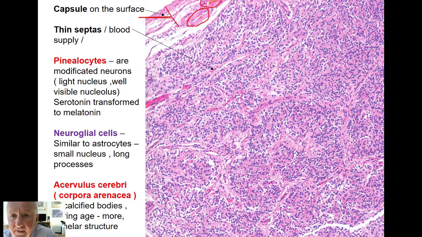These vessels are dividing into arterioles and venules in very thin septa which run through the whole epiphysis, and you see the thin septa with the small veins, venules and arterioles.